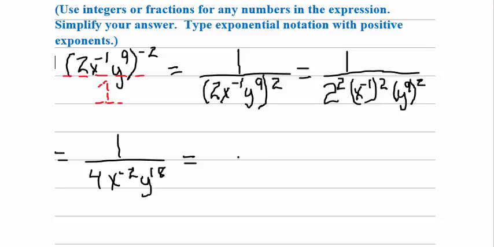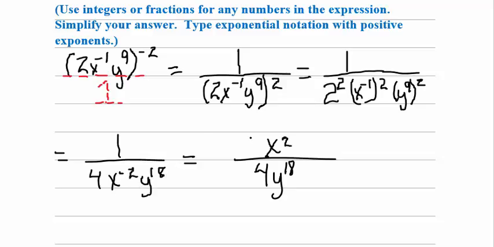So I do not want any negative exponents in my final answer. So 4 y to the 18th remains in the denominator, but x to the negative 2 needs to cross the fraction bar, which makes the exponent become positive. So in the numerator, I write x squared, and that's the same as x to the negative 2 in the denominator.